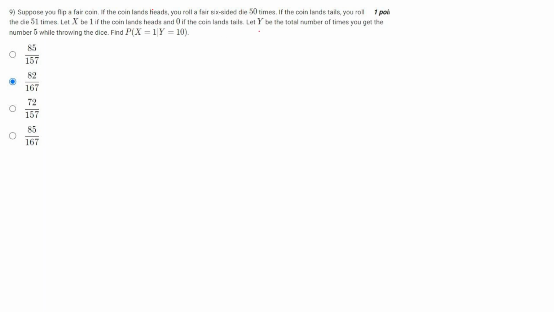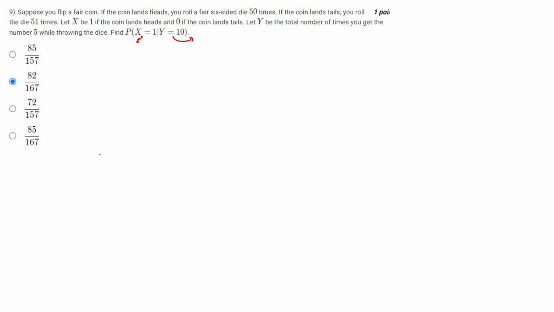Let Y be the total number of times you get the number 5 while throwing the die. So find the probability of X equal to 1 given Y equal to 10. So X equal to 1 means that we have heads on the coin toss, and Y equal to 10 means that out of 50 such rolls of the die we have to get the number 5 ten times.